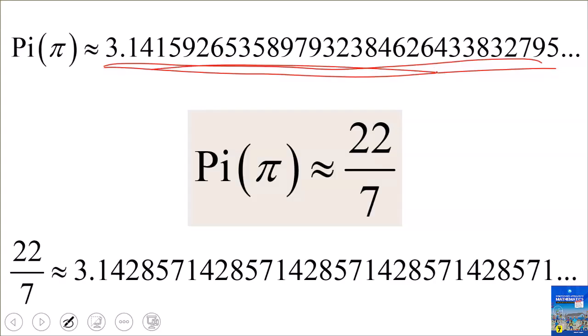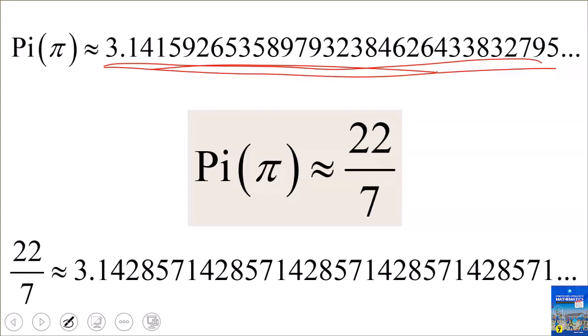Okay, so pi is 3.14159265358979... Oh, that's huge. It's so amazing, and it will continue on and on and on without terminating.